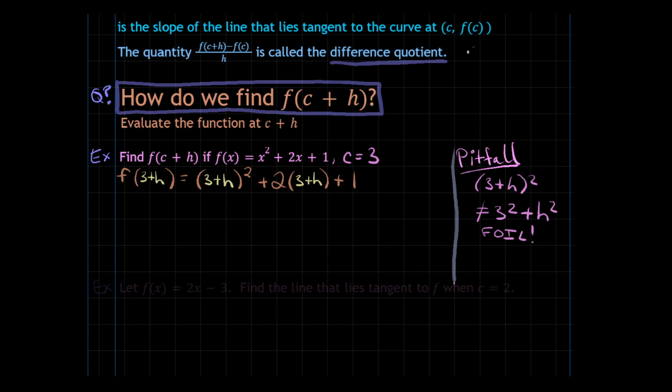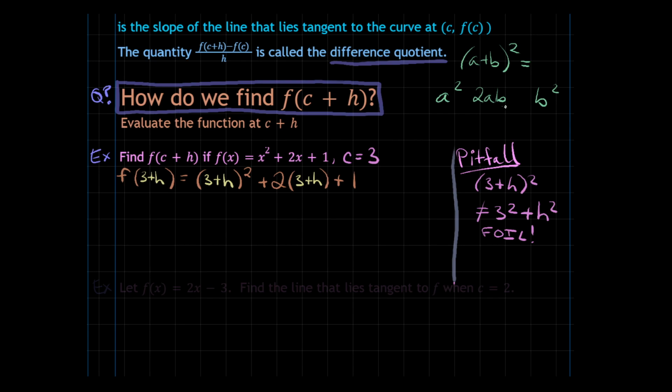If you FOIL, here's a shortcut for you, because I hope that if you're in Calc 1 you know how to FOIL. I don't write out the first, outer, inner, last every time I FOIL. I remember we square the first thing, we square the second thing, you put the product in the middle, but it's double because this is your outer and your inner.